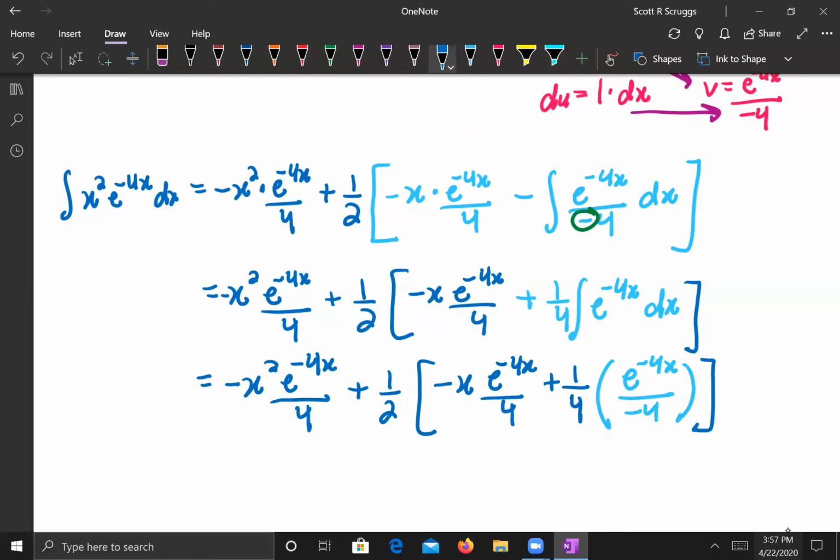Close my bracket. And because I finished evaluating all of the integrals through integration by parts, now I can include plus c to denote that I'm not taking an antiderivative anymore.